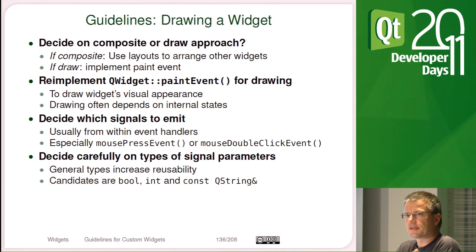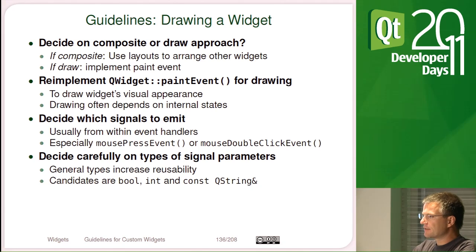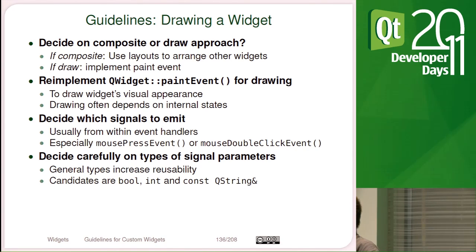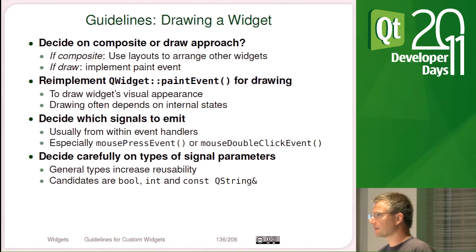Or if a push button gets pressed, it has to emit a signal so that the button was pressed, of course. And normally you do this emitting of the signals within the event handlers of your widget. Let's say if the user clicks on your widget, you emit the click signal.